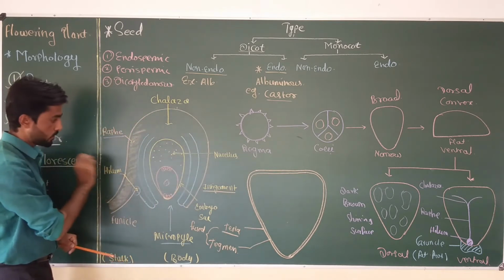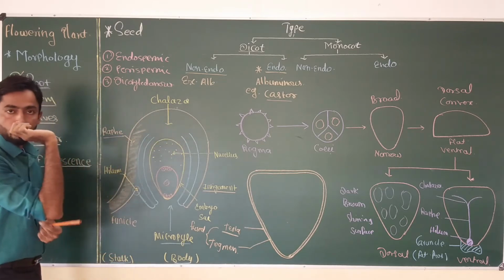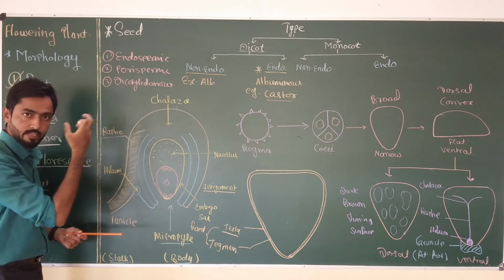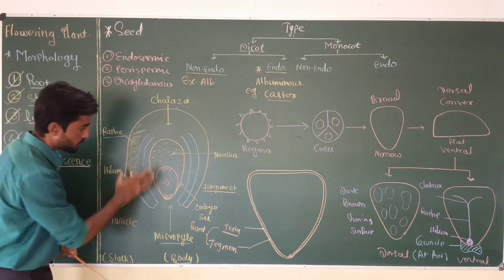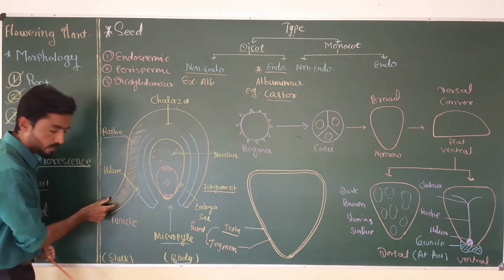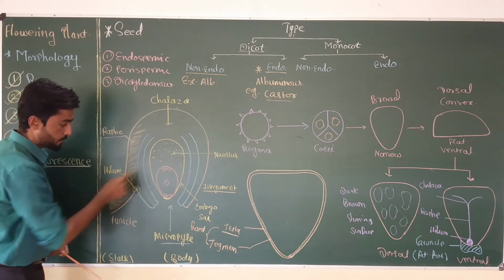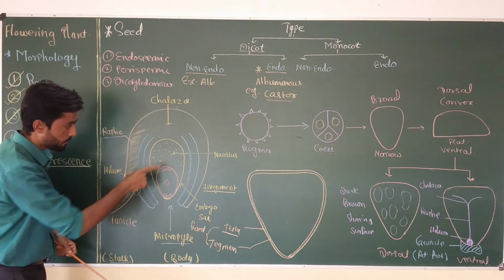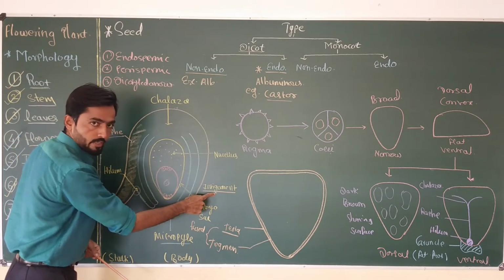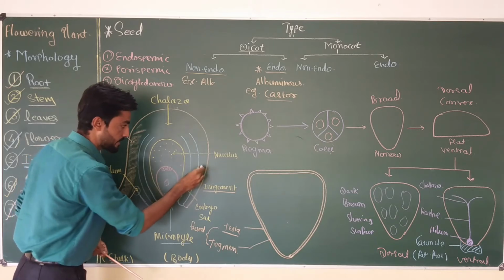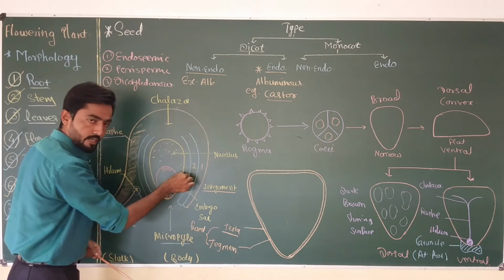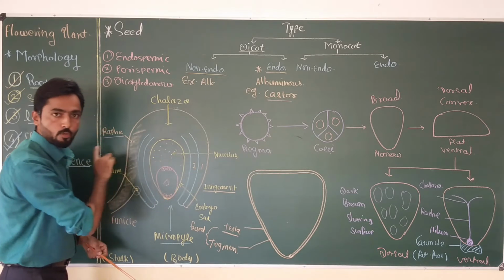integuments. Okay, so this is the ovule of the angiospermic gynoecium, or the ovule is present inside the ovary of the carpel. And now the ovule has two parts, body and stalk. Now the stalk attaches the body of the ovule to the ovary, and the body has a protective covering called integuments. Generally two integuments are present. This is the outer integument, and inside the outer integument, the inner integument layer is present.